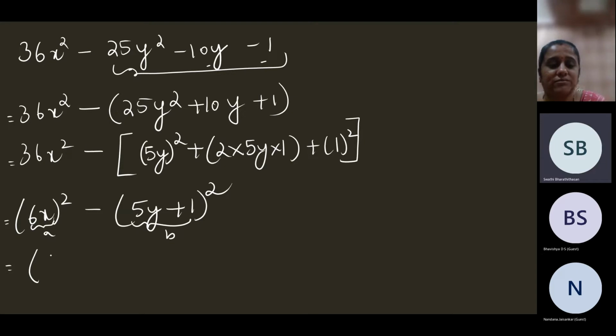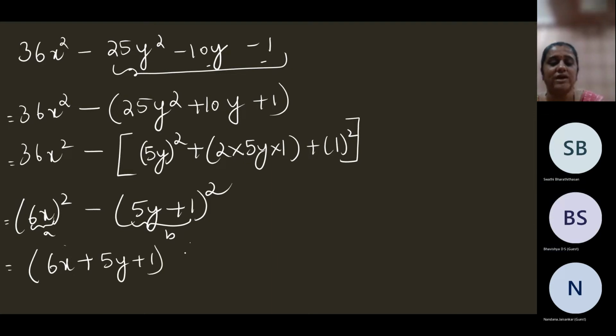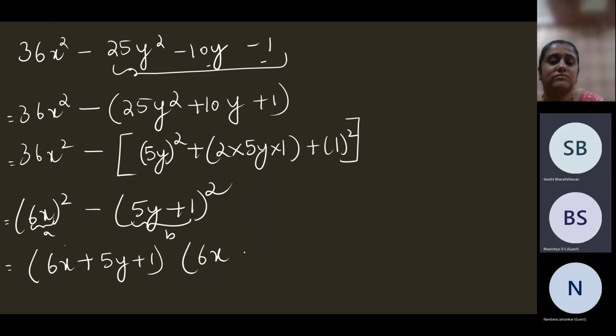First bracket, 6x plus 5y plus 1, this is a and this is b, correct? Into a minus b, 6x minus 5y minus 1.